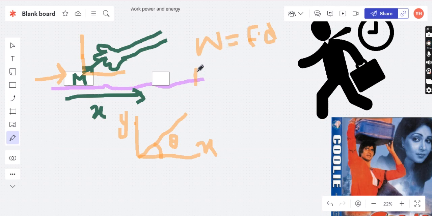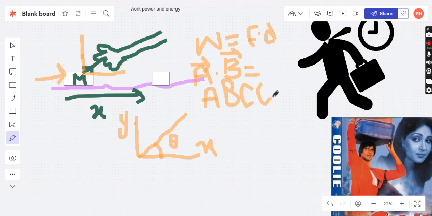For example, vector A dot vector B is equal to the magnitude of A times the magnitude of B times cos theta.